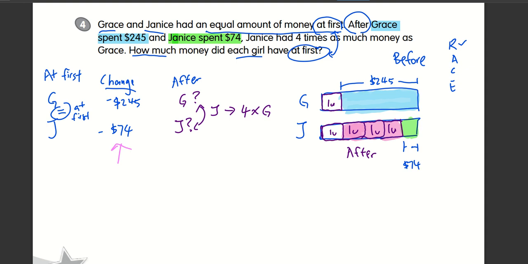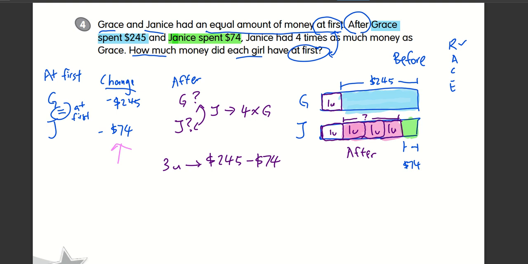Can you see this portion here? If you can see this, that's good progress. From this, you can identify that 3 units is the difference in their spending, Grace's spending and Janice's spending.